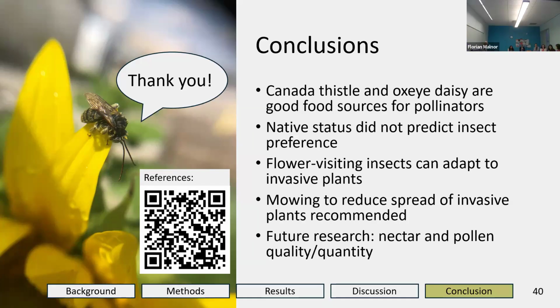First of all, great job. I'm curious to know, you looked at whether the plants themselves were native or non-native. Did you also look at whether the insects visiting those flowers were native or non-native? I did not, because I didn't trust myself to identify them to the species level.